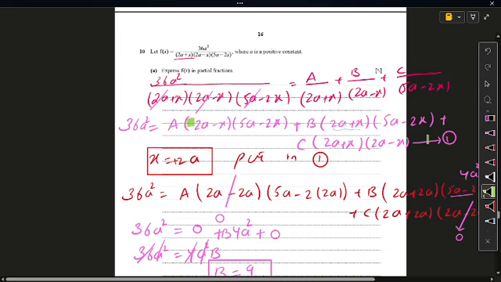If I am choosing 5a minus 2x, that a contains 5a minus 2x, b contains 5a minus 2x, it means that if I choose the value of x as 5 by 2 of a, then I am able to get rid of a and b and only c is retained.